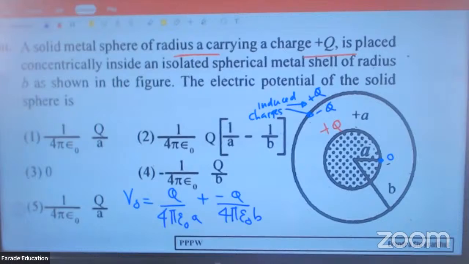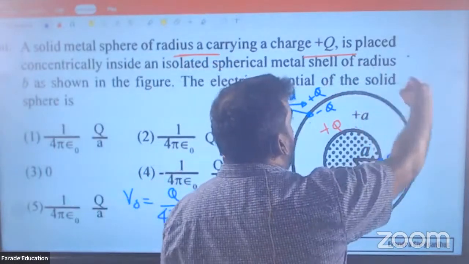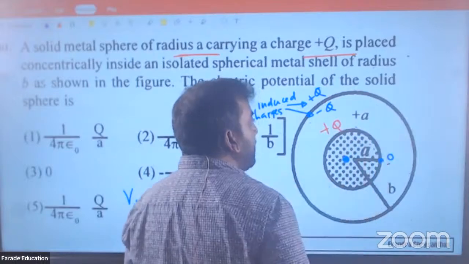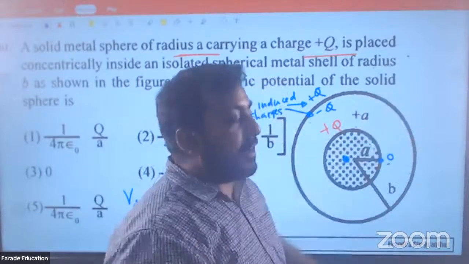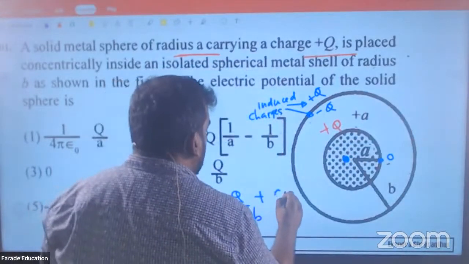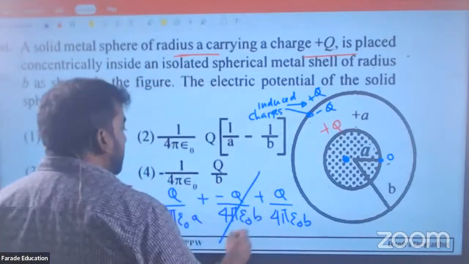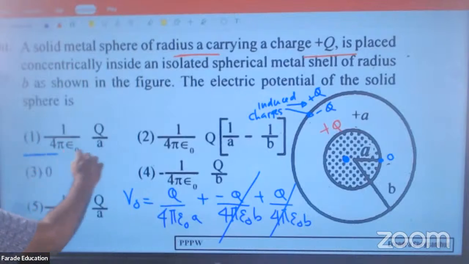Again we need to find the potential at O. So take all the charges, keep it at the center like a point charge, and find the potential at the surface. Potential at the surface and inside are the same. So here, Q divided by 4 pi epsilon naught B. From this, these two will cancel off. Your answer is Q divided by 4 pi epsilon naught A. Answer number 1.